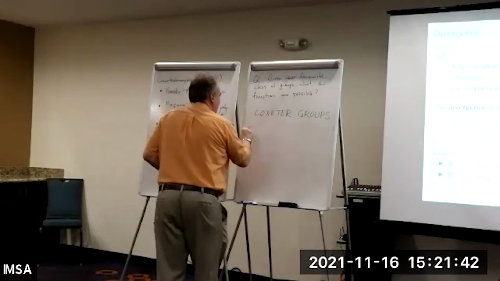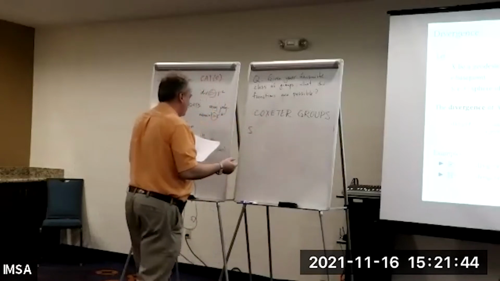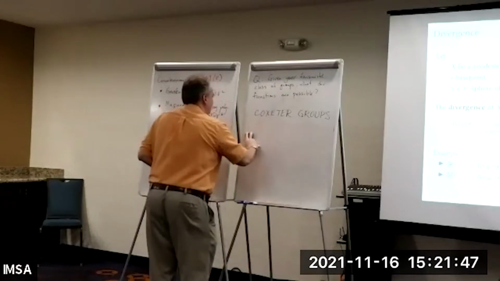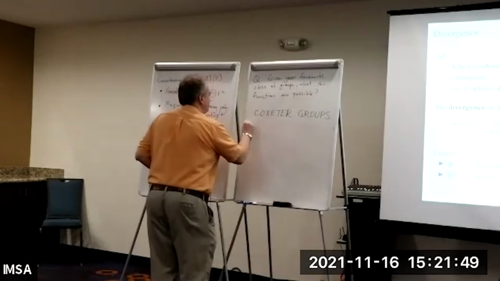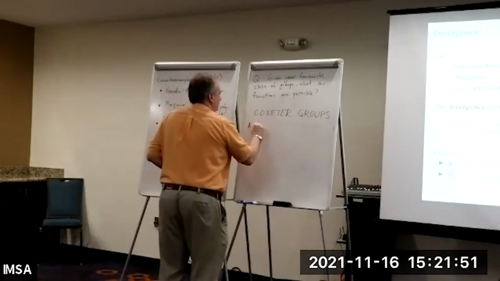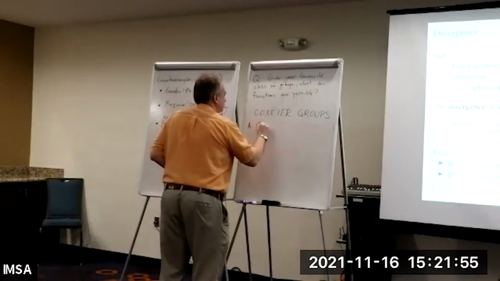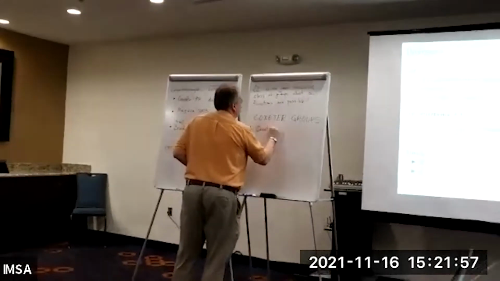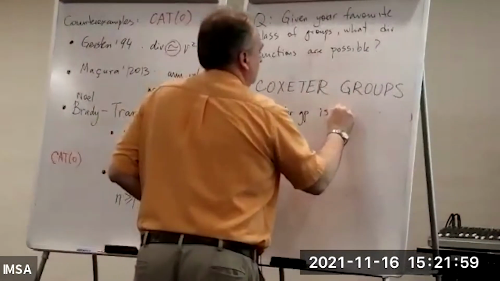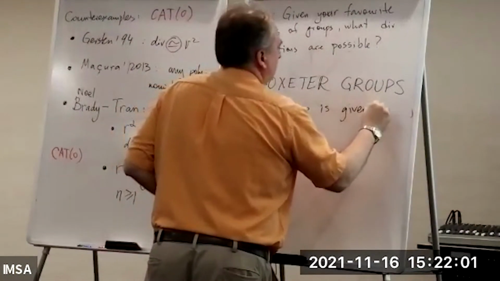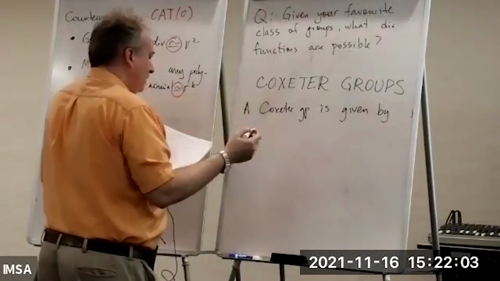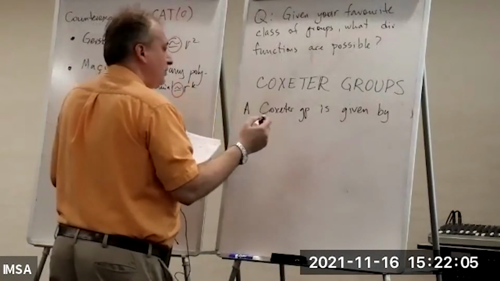So it's defined that the Coxeter group is given by the following data.